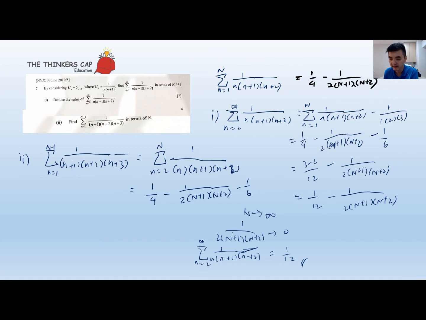So this is the result that we are expecting to get: 1 over 12 minus 1 over 2 n plus 1 and n plus 2. I'm writing out this part for clarity to explain to you that this outcome is exactly the same as what we have found in part 1, en route to finding sum to infinity starting with n equals 2.